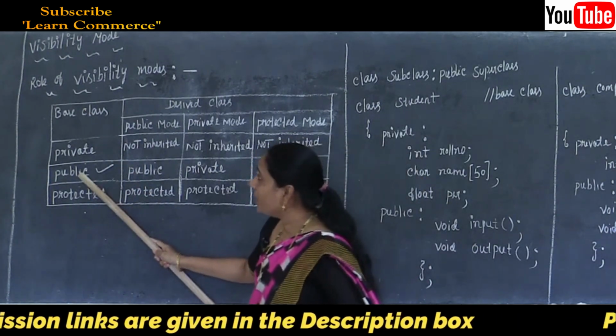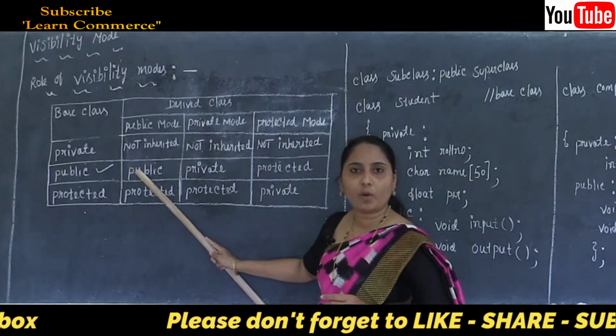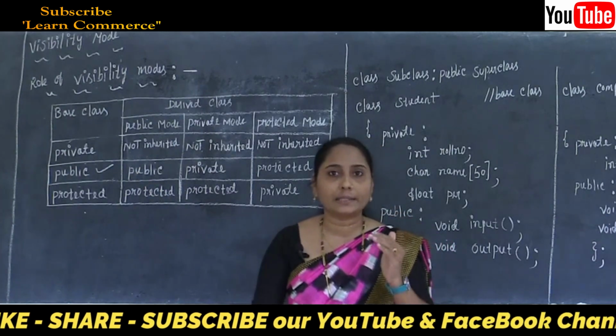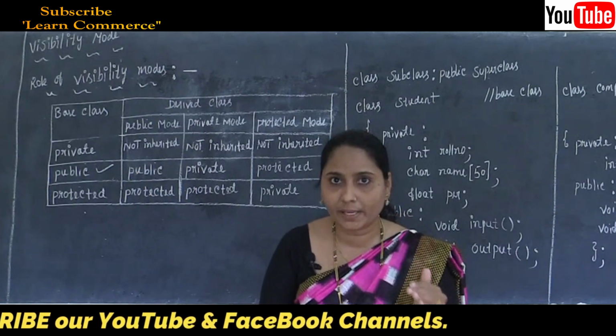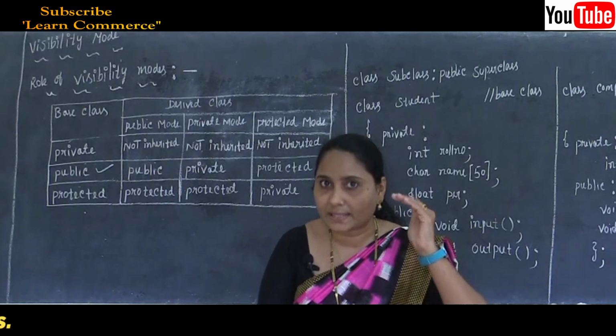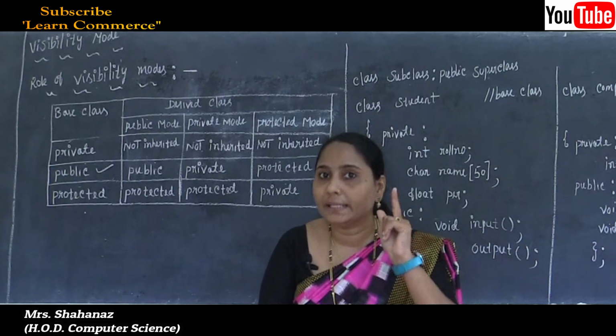The public members of the base class become the public members of the derived class. That means whatever members are in the public side of the base, such members are going to shift into the public side of the derived class.